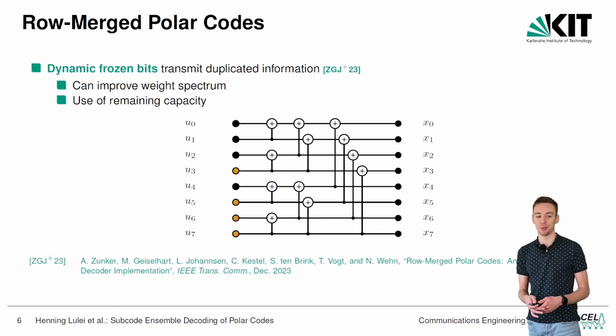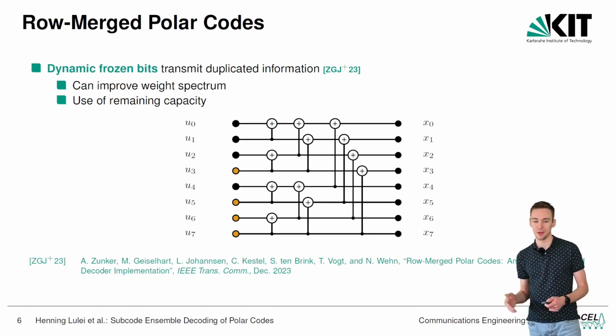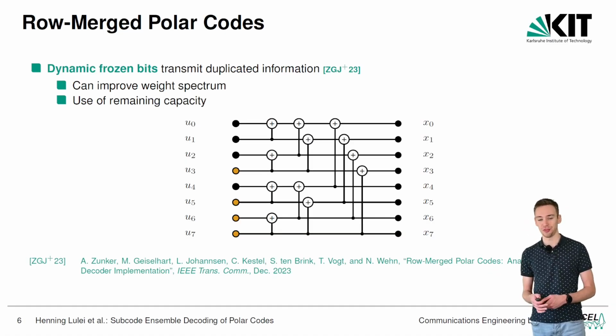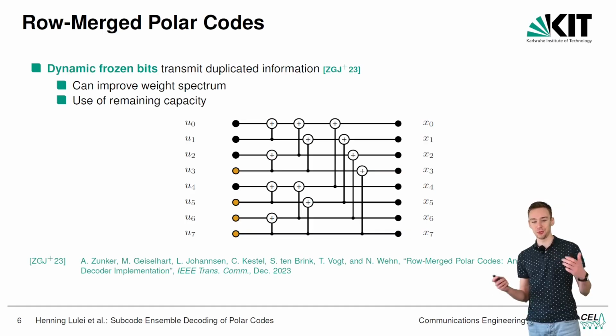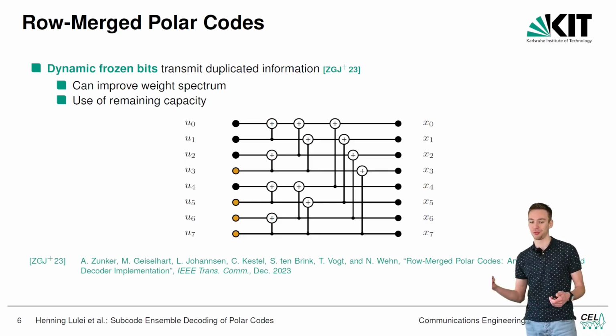Another form of pre-transformed polar codes are so-called row-merged polar codes, which in contrast to the CRC codes don't act on information bits, but rather on frozen bits. So in this example, we again have a block length 8 polar code and our information bits in orange. And what we do now is that instead of always transmitting 0 through a frozen bit, we copy the information of an information bit and transmit that value through a frozen bit as well.